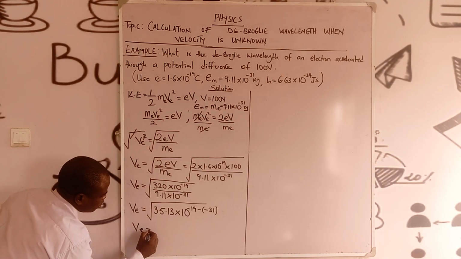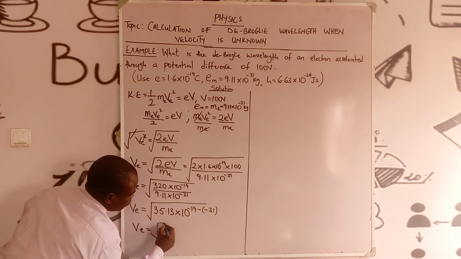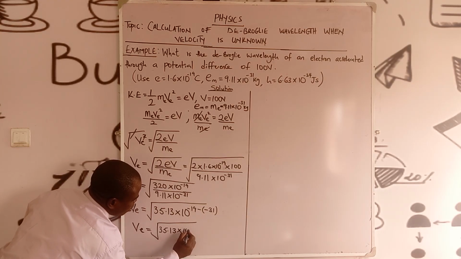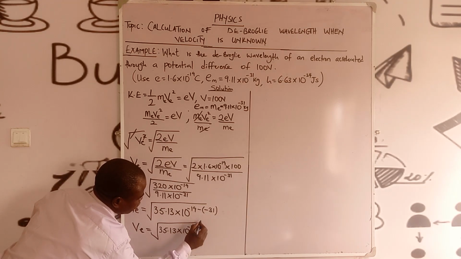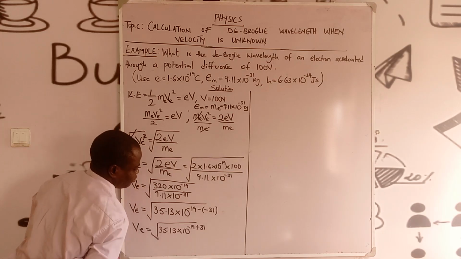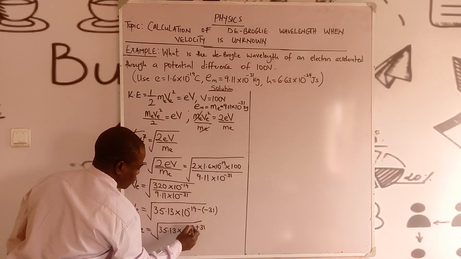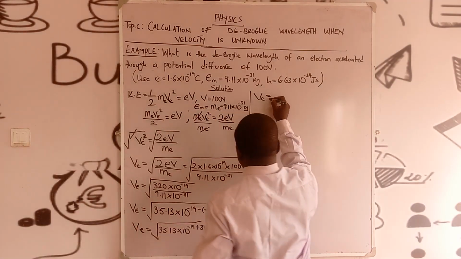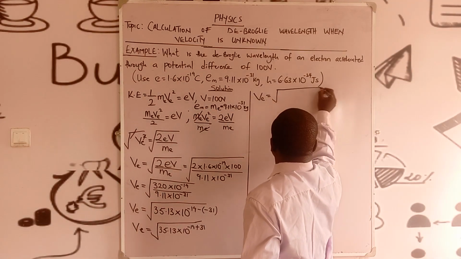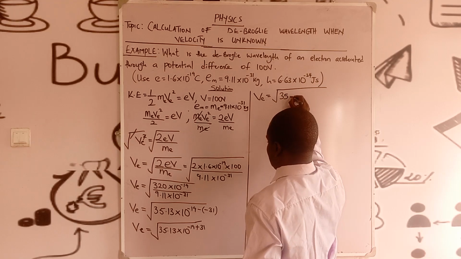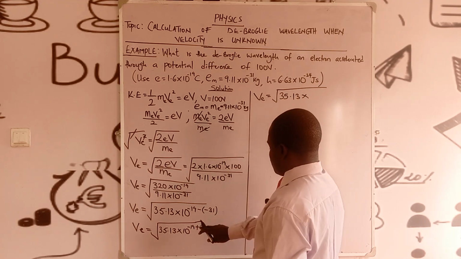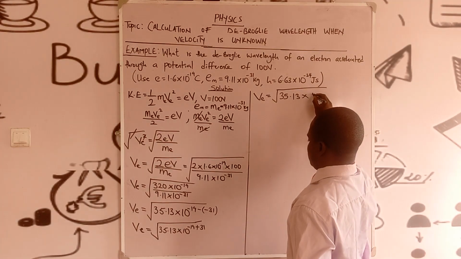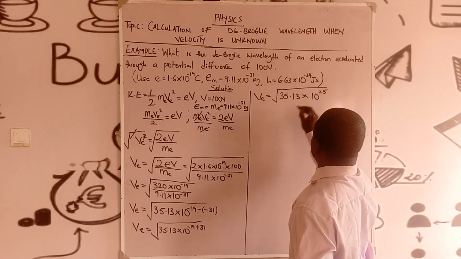The velocity of the electron equals the square root of 35.13 times 10 to the power minus 19, negative and negative is positive, plus 31. Velocity of the electron equals the square root of 35.13 times 10 to the power minus 19 plus 31, that's 25, so 10 to the power 25.